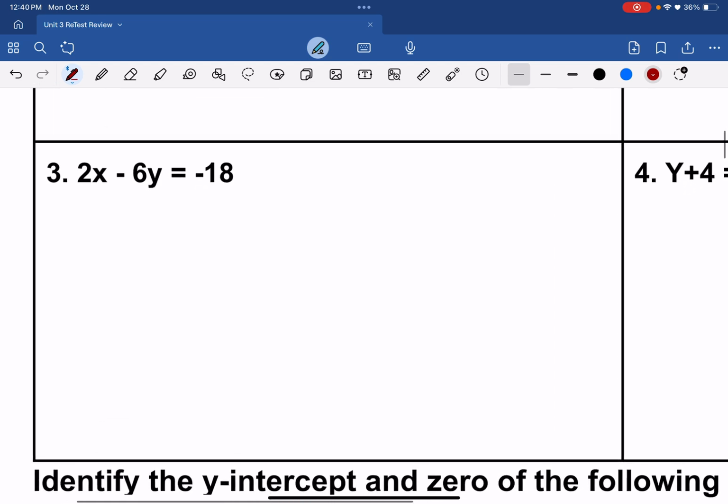In a standard form equation, in order to identify the slope, we have to solve for y. So in that case, we have to subtract 2x over to the other side. What I have left is a negative 6y. Make sure you bring down that negative: negative 18 minus 2x. And then I divide by negative 6.